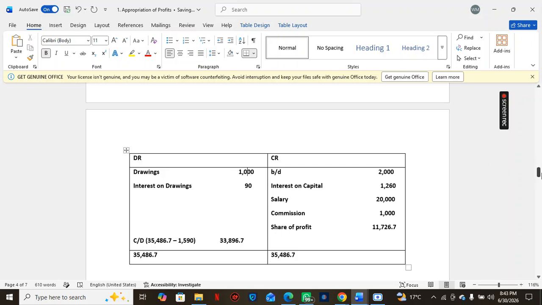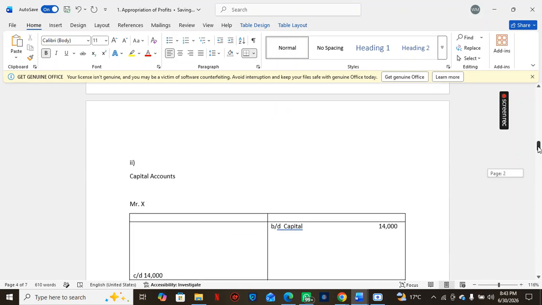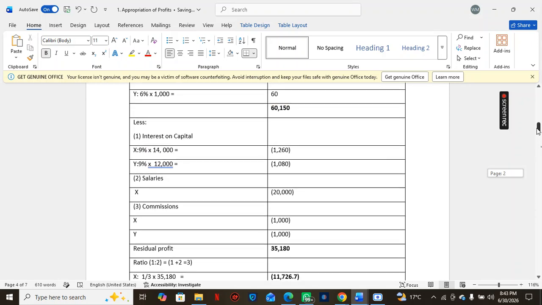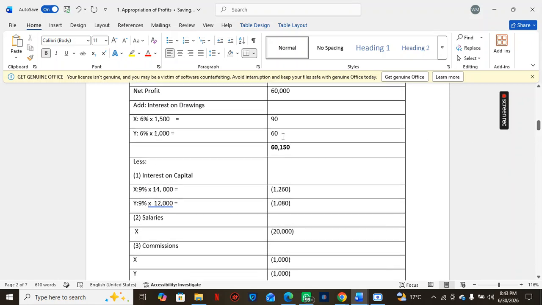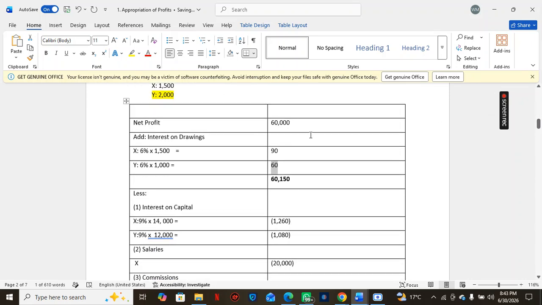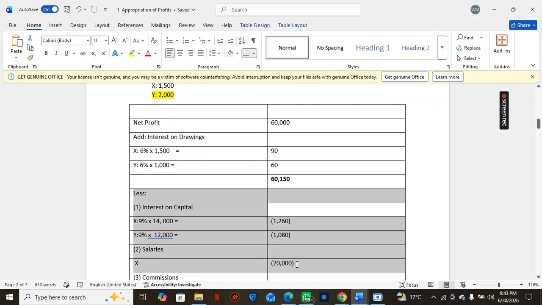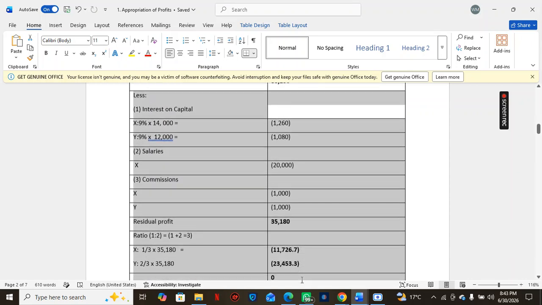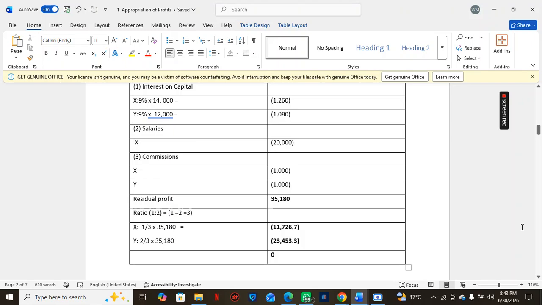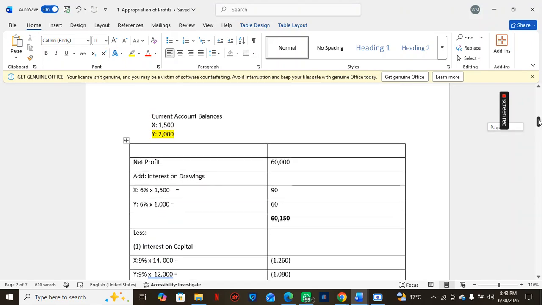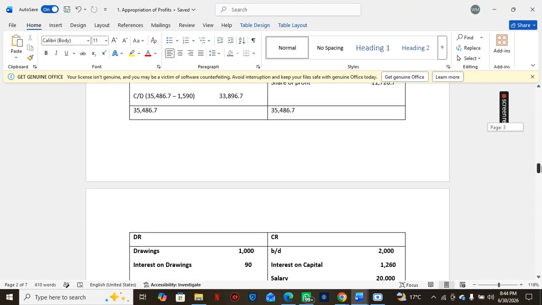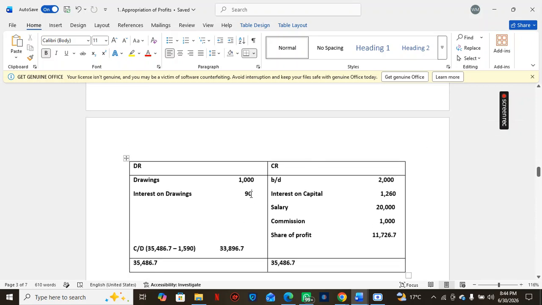Interest on drawings for Mr. Y, that was 60. So this is the trick, colleagues: when you do the appropriation, just remember interest on drawings and drawings go on the debit side. Then the items you're subtracting from the profit go on the credit side. Yes, so it is 60 kwacha interest on drawings.